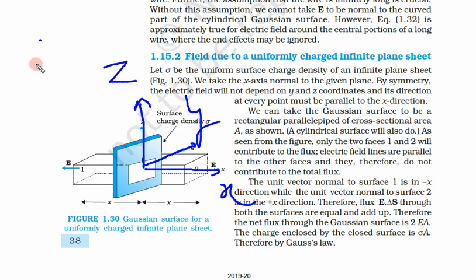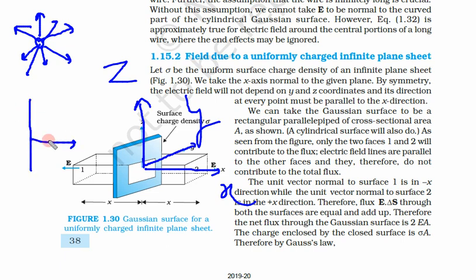If there is a point charge, what we saw is that it emits in all directions, radially outward in 3D. So this is coming in this direction as well as in this direction, radially going outward. In the next case, what we saw is for a wire.